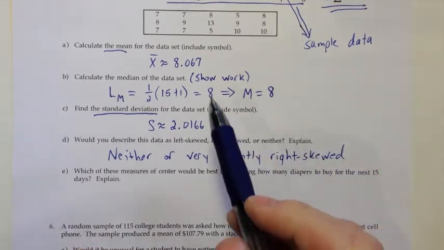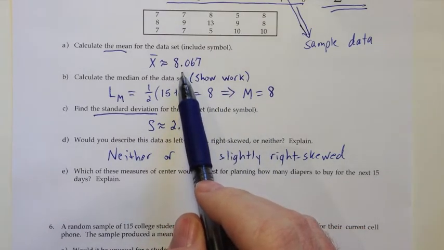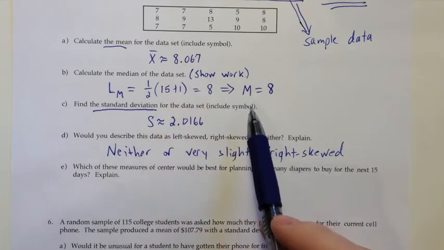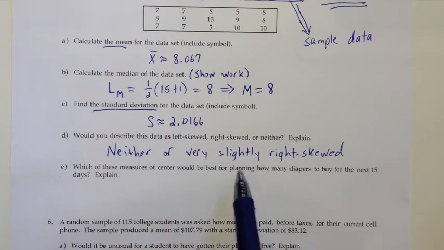And again, the way we look at that question is which side of the median did the mean land on? And here it landed on the right, so that's why I'm saying right skewed, but it's so close to being the same that I feel like neither is almost appropriate, or if you're going to say it was right skewed, it would be very slight.